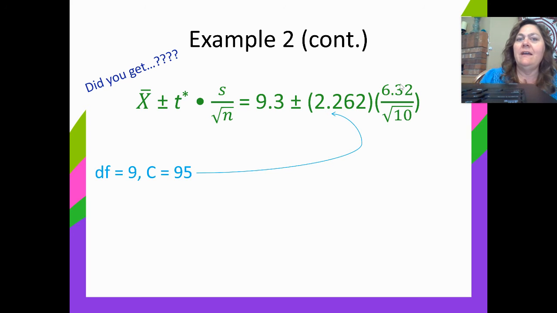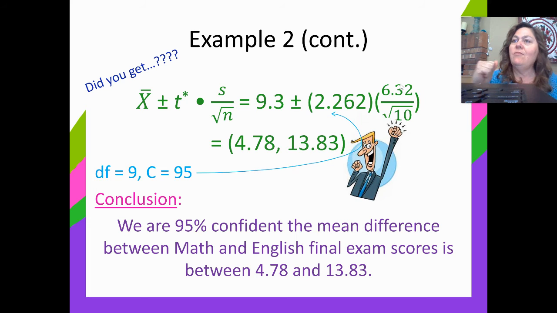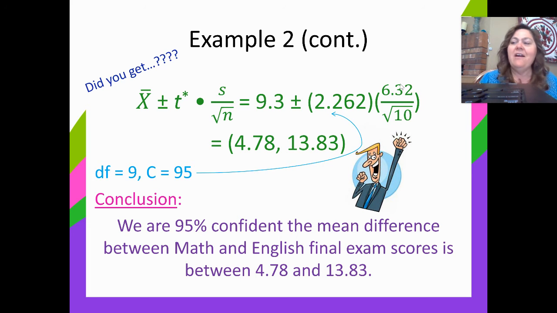Your DF is 9 and the C level was 95 on the table. So here's your CI that you should have gotten, and your conclusion will be we are 95% confident the mean difference between math and English final exam scores is between 4.78 and 13.83. Okay. Woohoo. I got a blank. Way to go. All right.